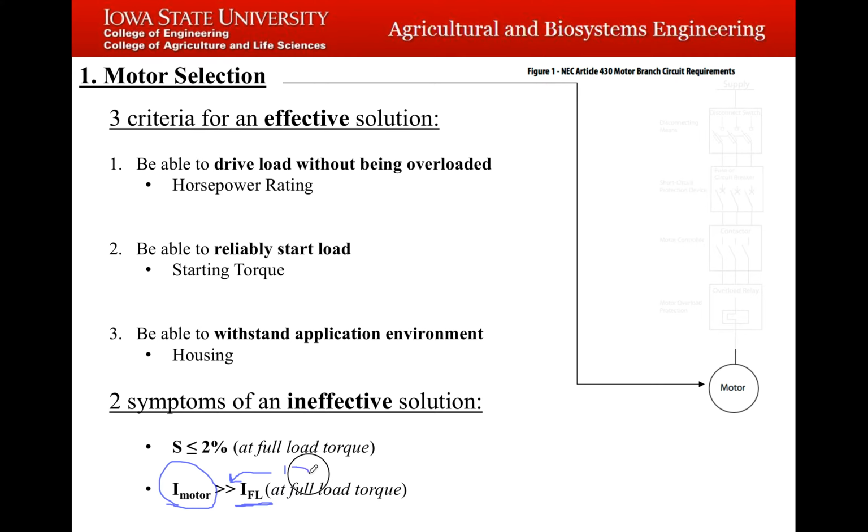We could put 150% as a number. If we're much more than 150% of our full load current as we're running that motor, something's wrong. Okay, this is not locked rotor current. This is not current spikes, inrush current. This is continuous as it's running at full load. So those are two important things to be considering that identify if we have an inefficient or ineffective solution.